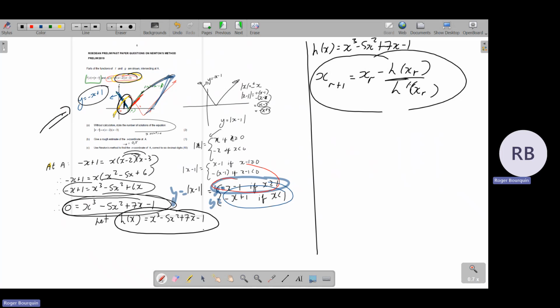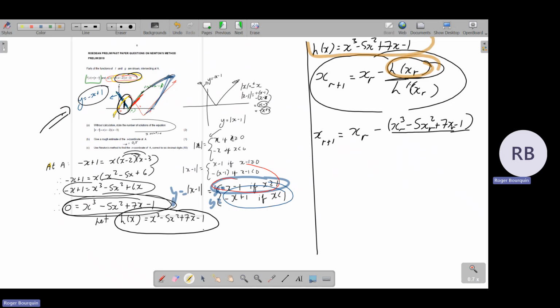So in order to use the formula, you always have to write this part out. I'm going to get x to the r plus 1 is equal to xr minus x cubed minus 5x squared plus 7x minus 1. You don't have to have that bracket. That's h of xr. I actually like to write the xr in to be strictly mathematically correct.